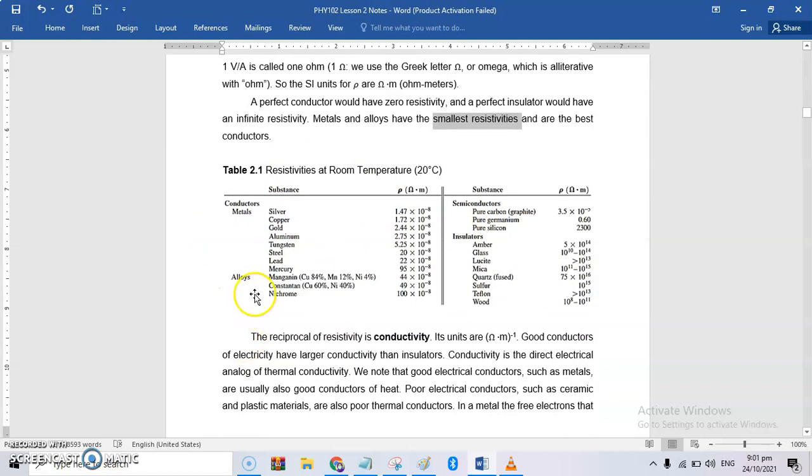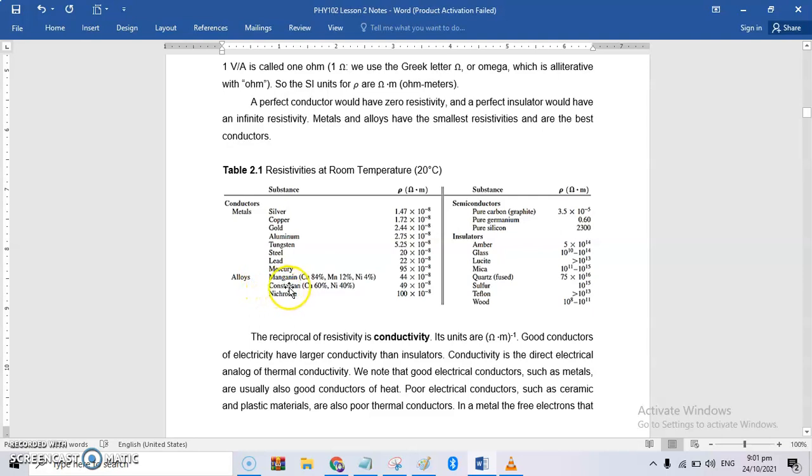And what are these? For example, the conductors of metal. So, silver has 1.47 times 10 to the minus 8. Pinakamaliit compare sa lahat ng ating metals, conductor metals. So, silver is a good conductor, or should we say almost a perfect conductor. Okay? Now, si alloy. When we say alloy, it is a combination of many metals.